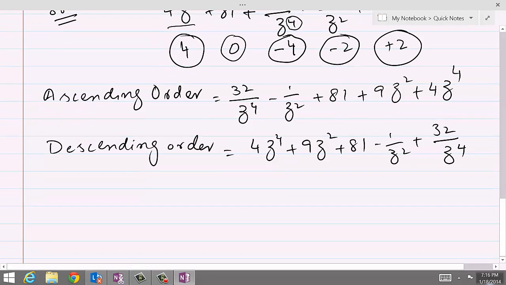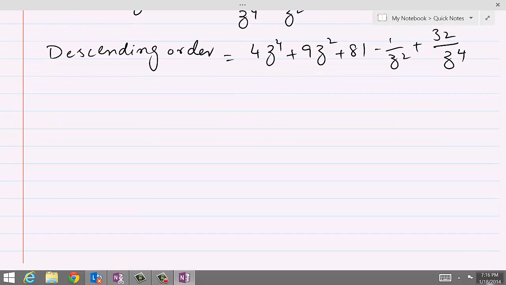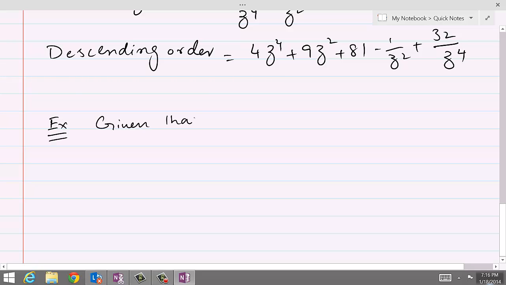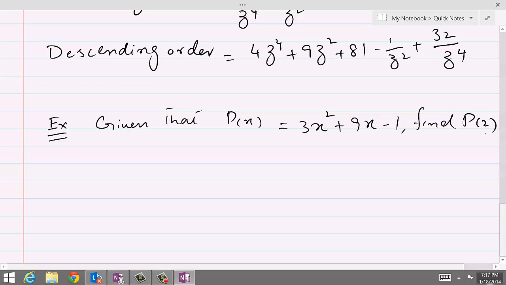Let's do a couple of more questions for finding the value of expression. And here is an example. Given that p of x, the polynomial, is given equal to 3x square plus 9x minus 1, find p of 2. Means that find the value of polynomial when x is equal to 2.